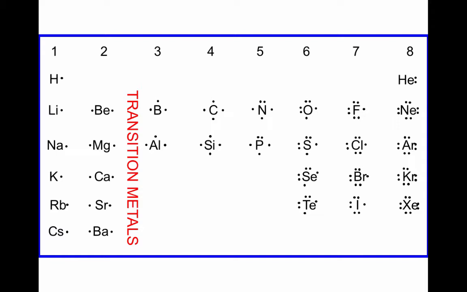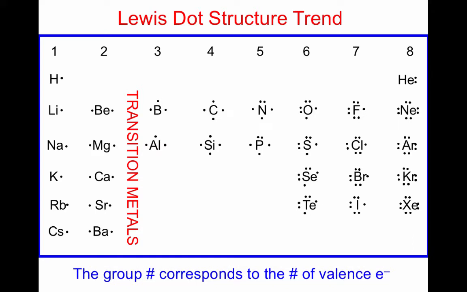We are going to kick off the conversation about covalently bonded molecules with what's called a Lewis dot diagram or Lewis dot structure. The Lewis dot structure shows you how many valence electrons each element has within a group using dots. The trend is that the group number corresponds to the number of valence electrons. So if you're in group 1, you have 1 dot or 1 valence electron.